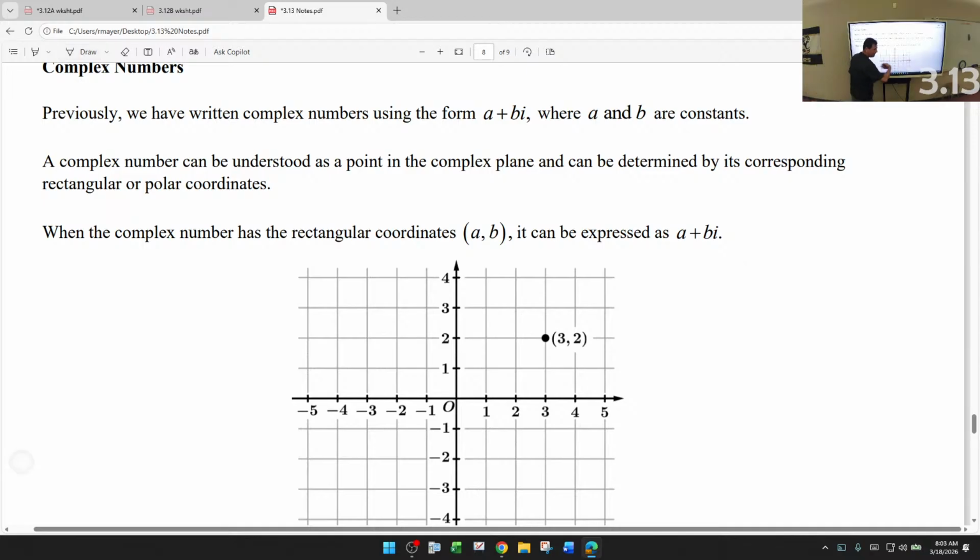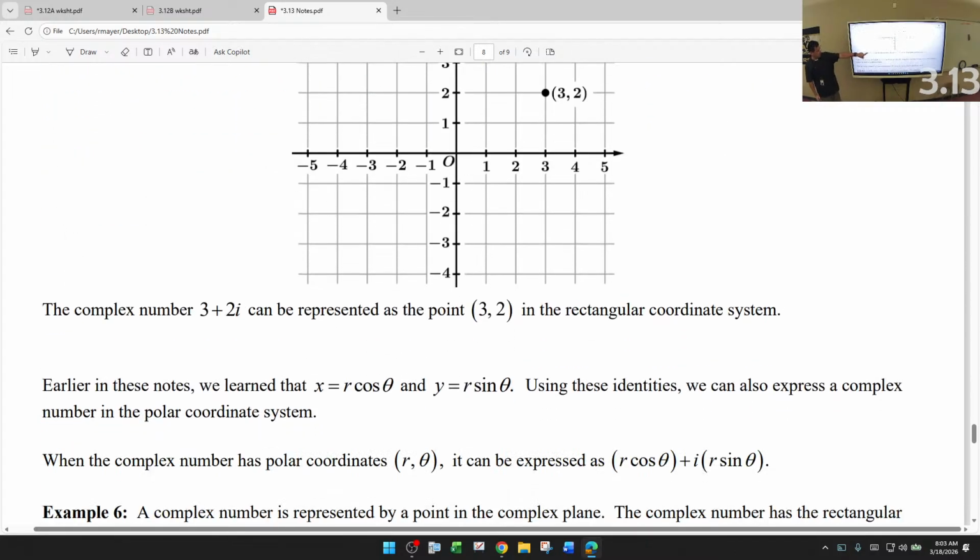This is the x-axis. This is the y-axis. So if it was a plus bi, I would go to a and then I would go to b. In other words, this is written as 3 plus 2i. It looks a whole lot more complicated than it is. It's really, really easy.